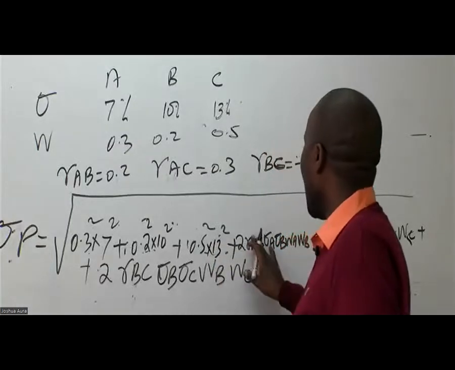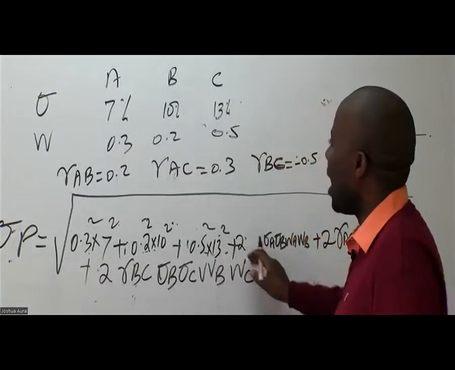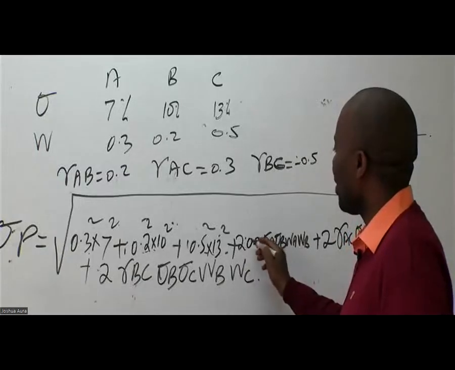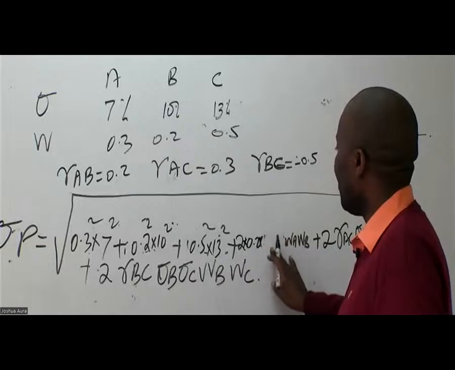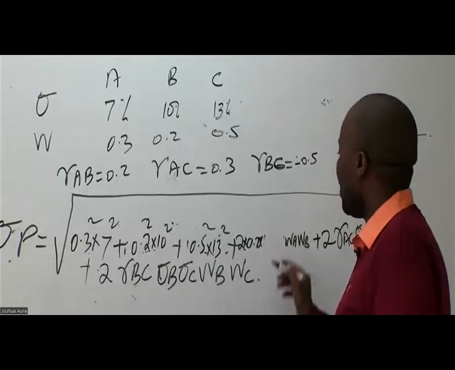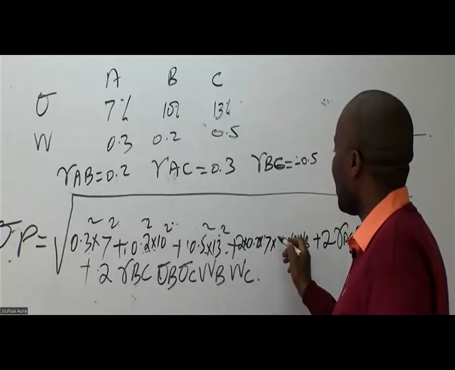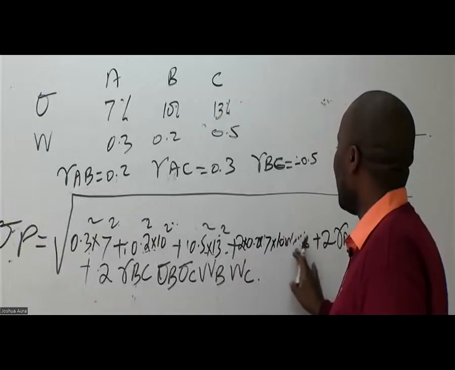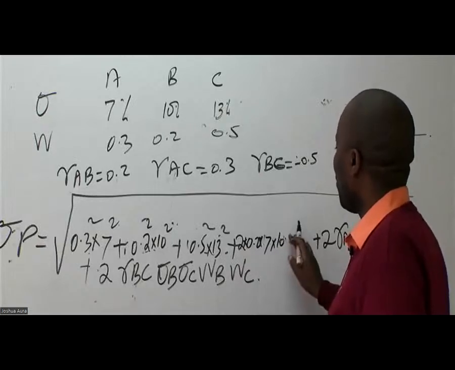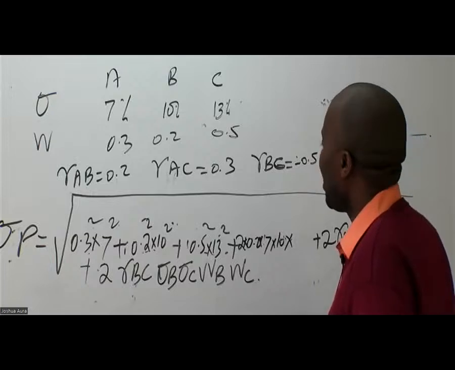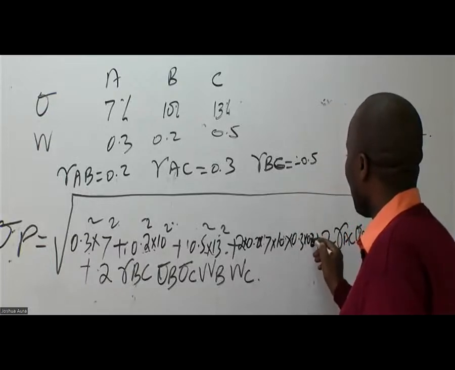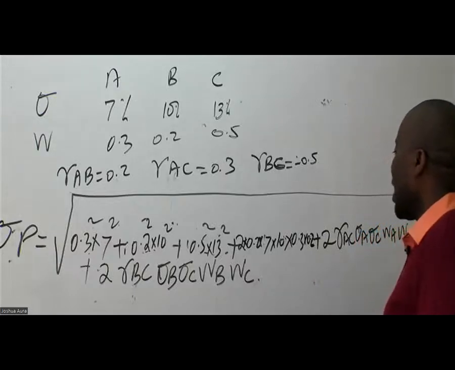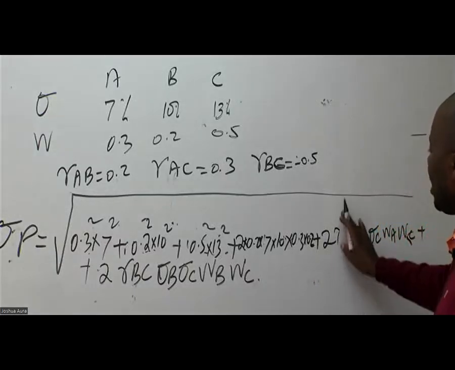Then we have 2 RAB. RAB is 0.2, right? We have standard deviation A, standard deviation B. Standard deviation A is 7 times standard deviation B, which is 10. And then multiply this by the 2 weights, 0.3 and 0.2, plus 2 RAC.